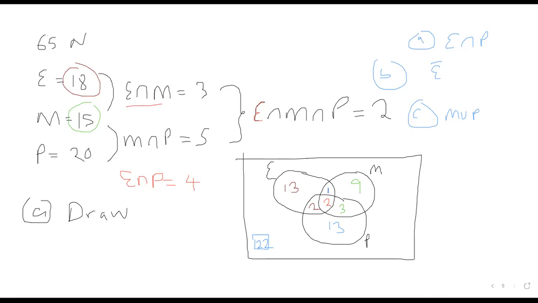Sir, is it not 22? A intersection E intersection P is 4. Yes. It's been given here already. I'm starting from what you know to what you don't know.